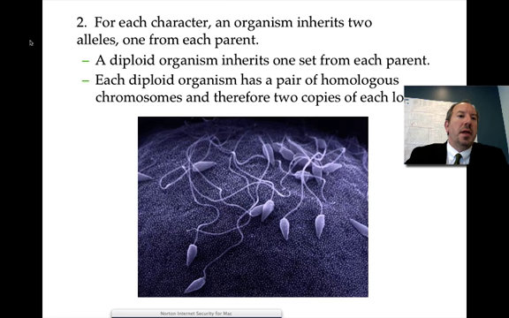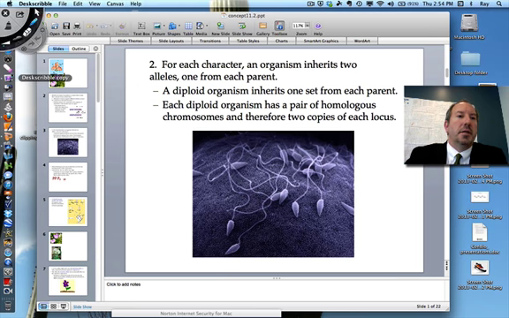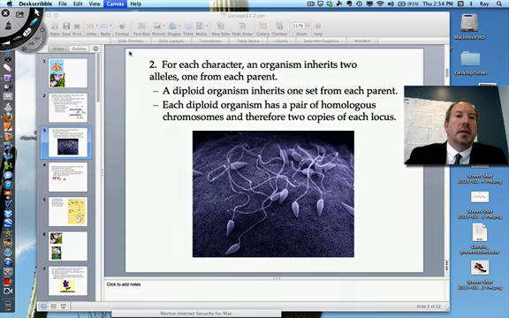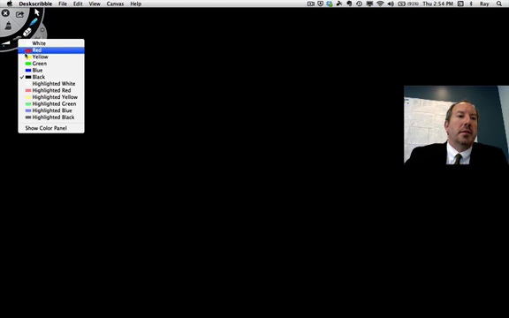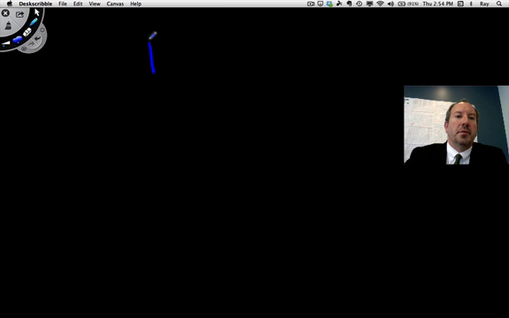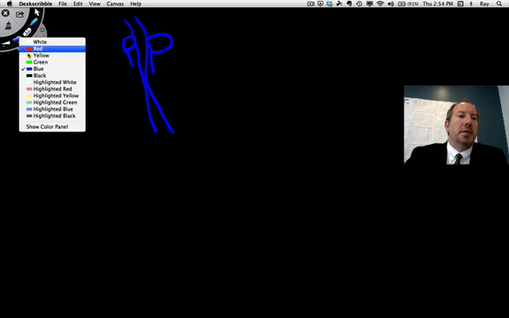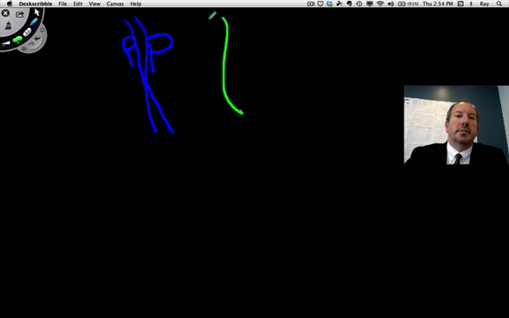If I may, I'm going to take a moment to illustrate that over here. Let's say I have a pea plant that looks like this, and it has a purple on one chromosome and a white on the other.